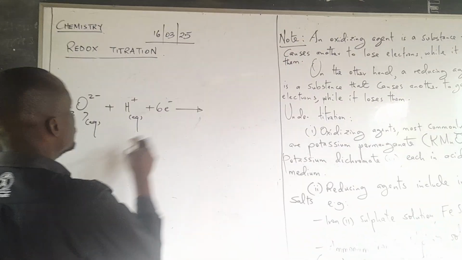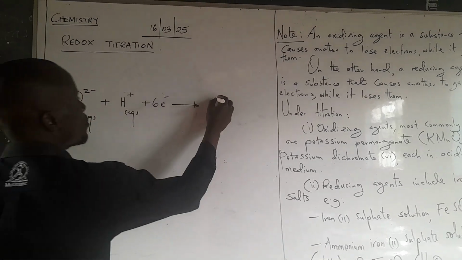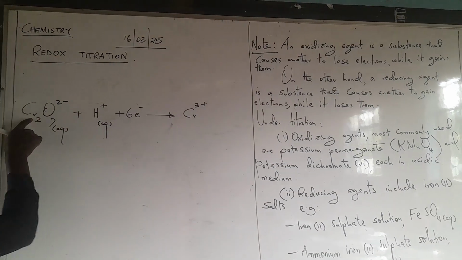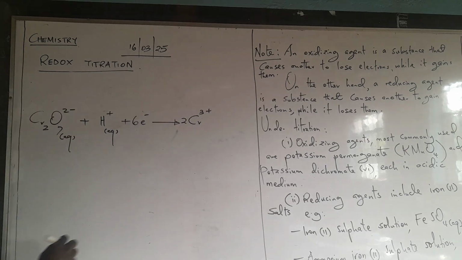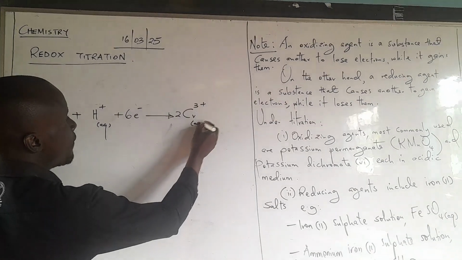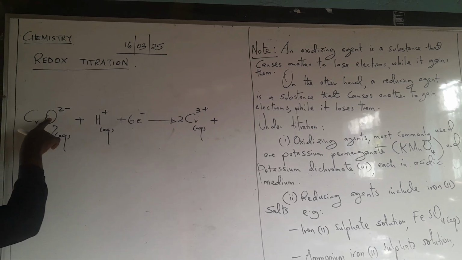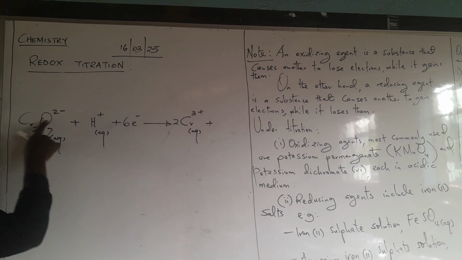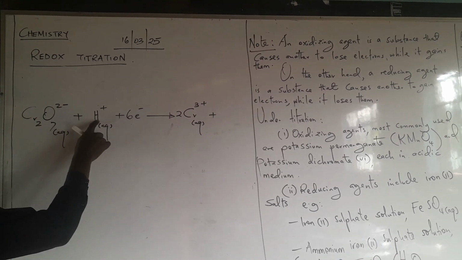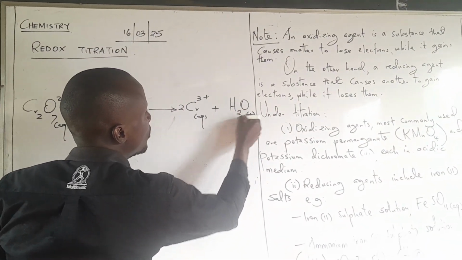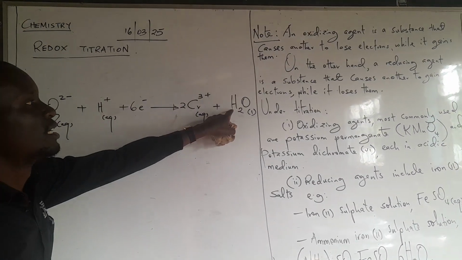Here, this substance is going to be reduced to chromium 3 ions. You balance, you put 2 here. Plus, we have oxide ion here. Oxygen is here, and we have hydrogen. They combine to form water. How do we balance this water?